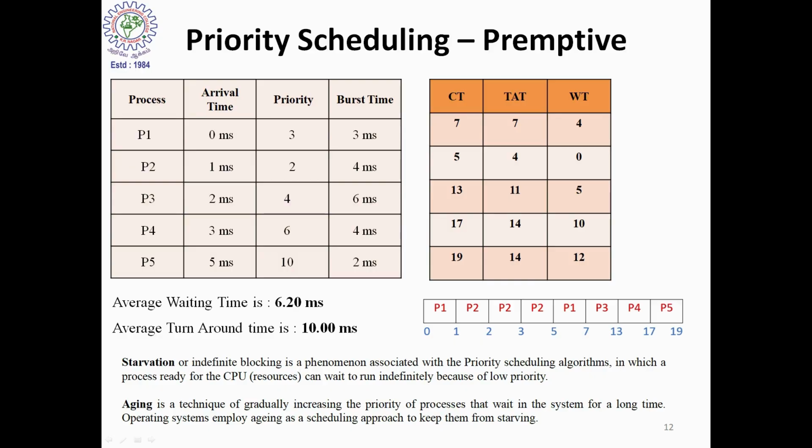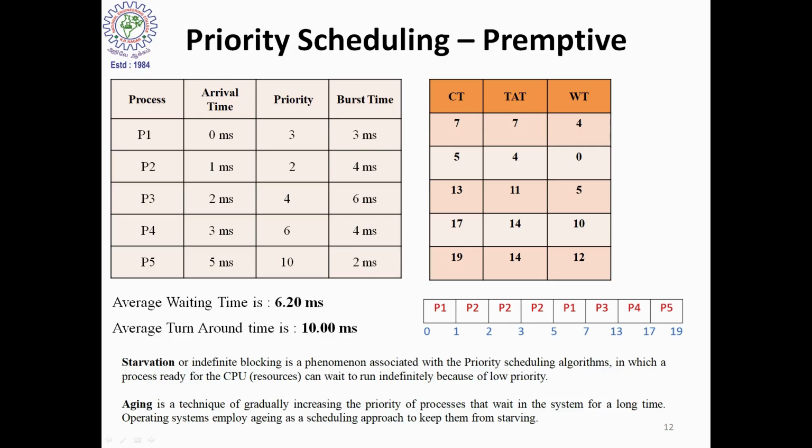The burst time of P3 is 6, so from 7 up to 13 P3 will be executing, and then P4 will get the CPU, because when comparing 6 and 10, P4 has the higher priority. After that P5 will be given the CPU, right? So this is how we allocate the processes to the processor in the case of preemptive scheduling.